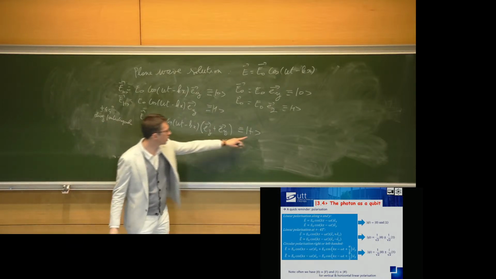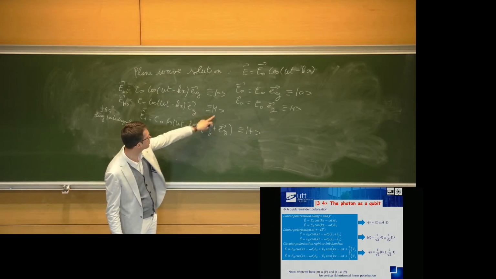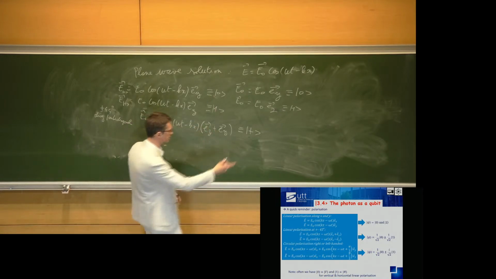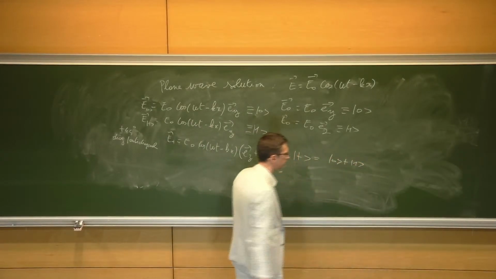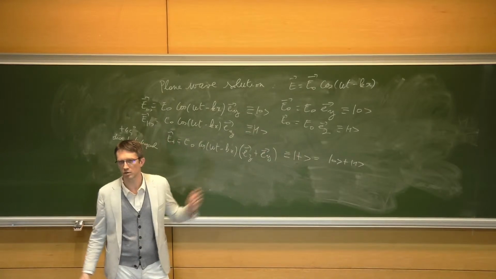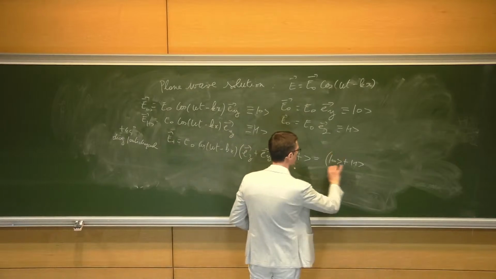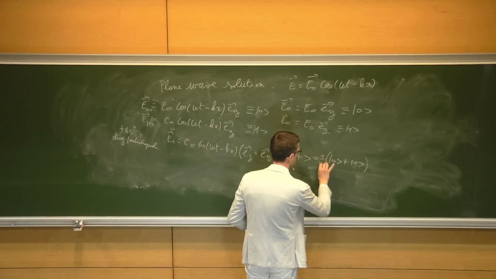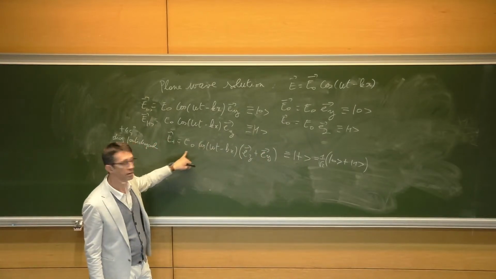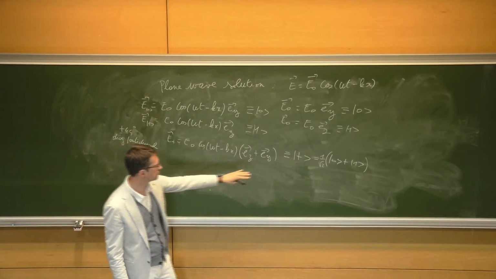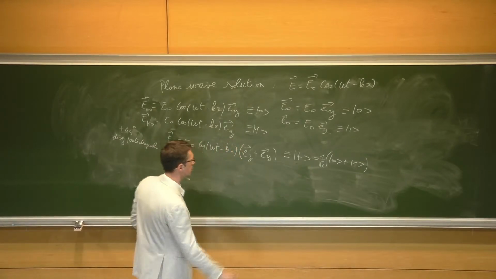If Ez is 1 and Ey is 0, then it's 0 plus 1. There we go, we have our superposition state. Of course, there has to be some normalized coefficient in front, which can be taken from that part. So it's 1 over square root of 2, times 0 plus 1.